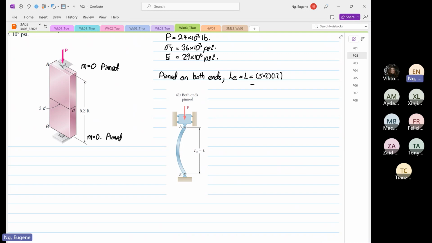We have to change it to inches. The reason we cannot work in feet is purely because our stress is in pounds per square inch, not pounds per square foot. So 5.2 times 12 is 62.4 inches.